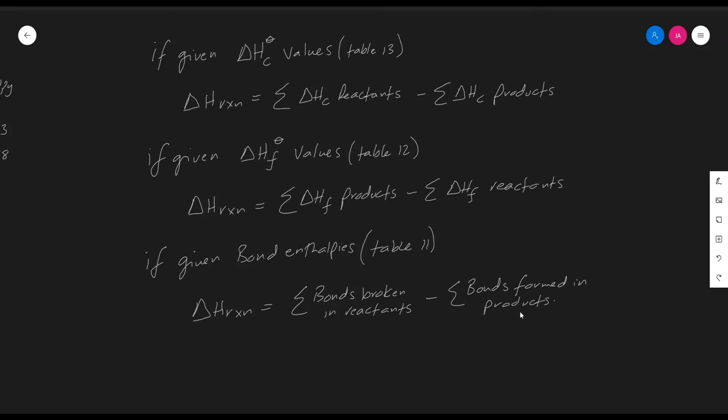One common question that you will get in the IB regarding bond enthalpies and the enthalpy change of formation and combustion values: in the first part of that question you would be asked to calculate the enthalpy change of the reaction using either enthalpy change of combustion or enthalpy change of formation values using the equations listed here.